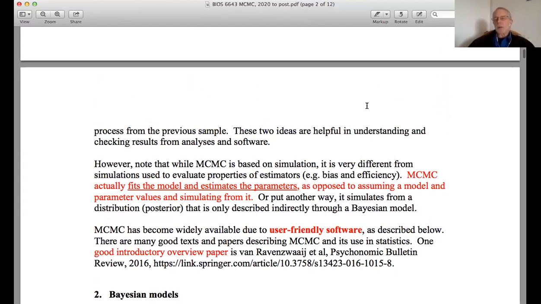But in the past, if you think about all the simulations you've done, what have you always had to do? Say to simulate from a Poisson generalized linear model, you had to know all the betas, right? The key difference here is that it estimates the betas. The algorithm, in the course of simulating, estimates the betas. So that's the key difference between this and what we would usually call a standard simulation.